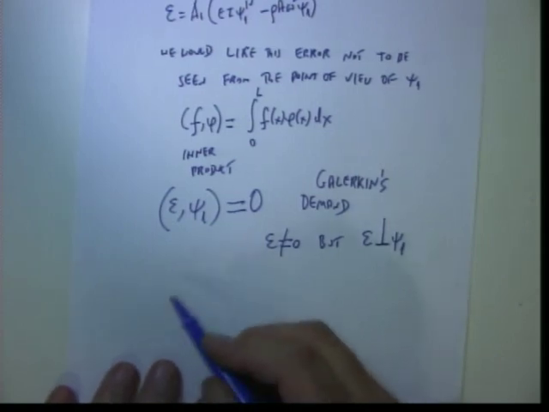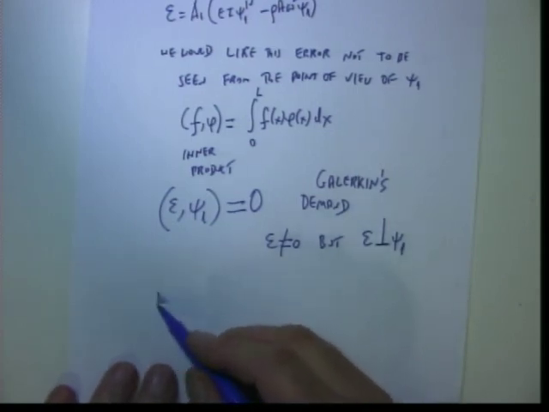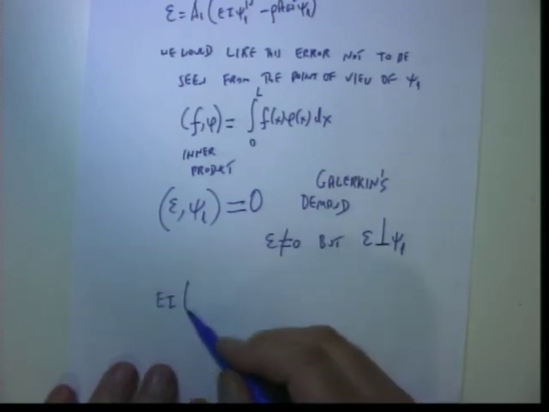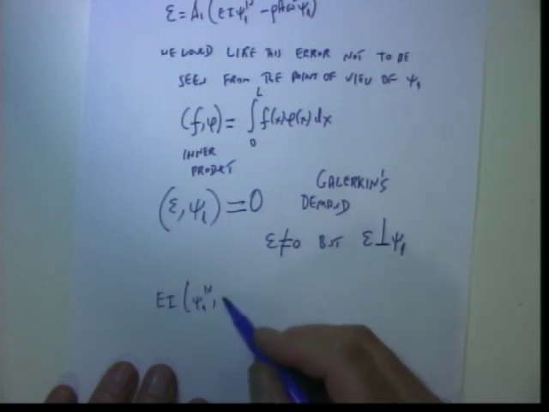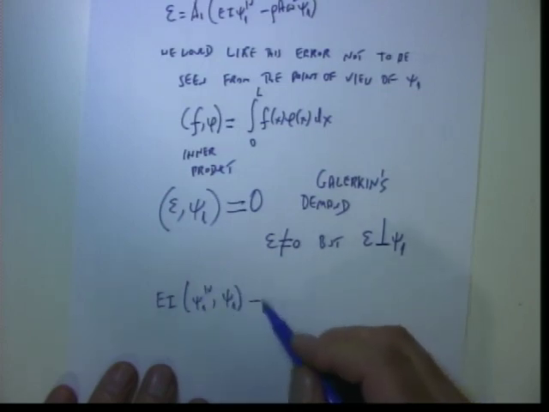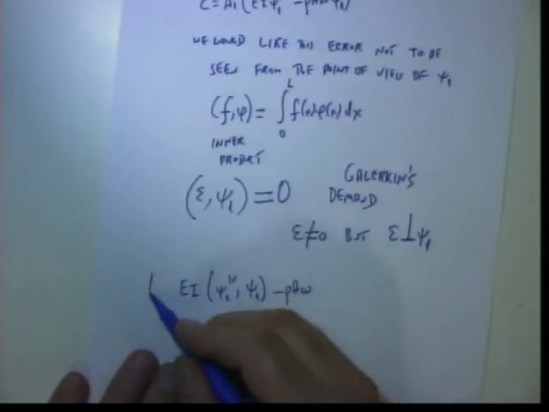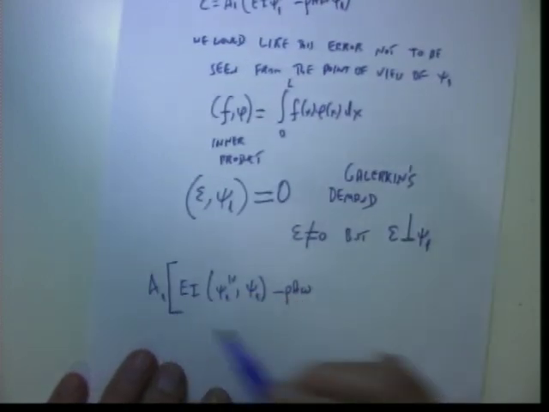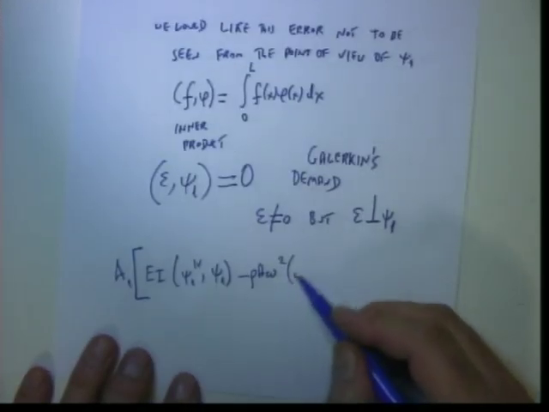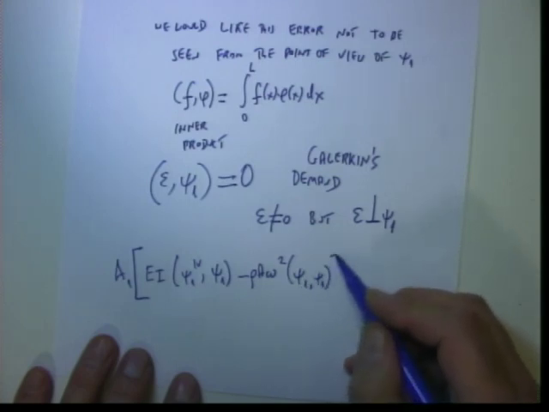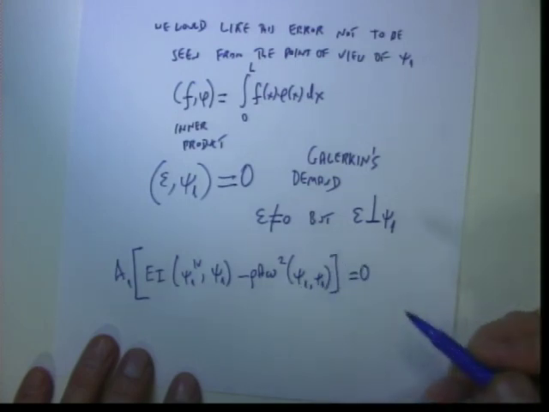So therefore, what we obtain actually is as follows: EI times the fourth derivative of psi1 with psi1, minus rho A omega square psi1 with psi1, times a1, equals 0.